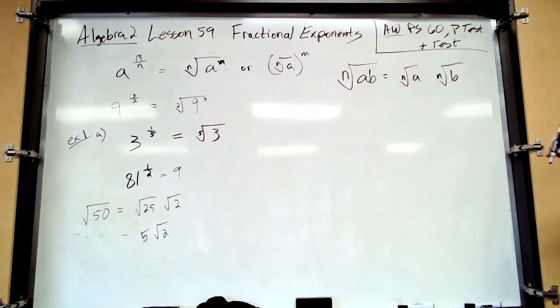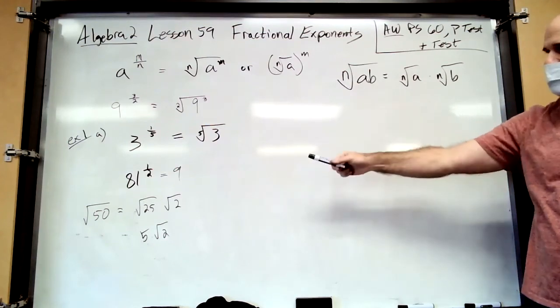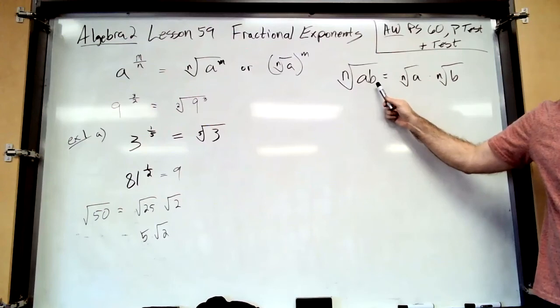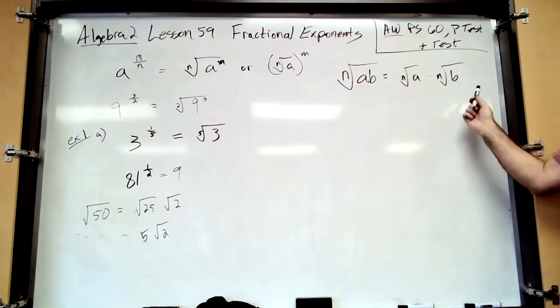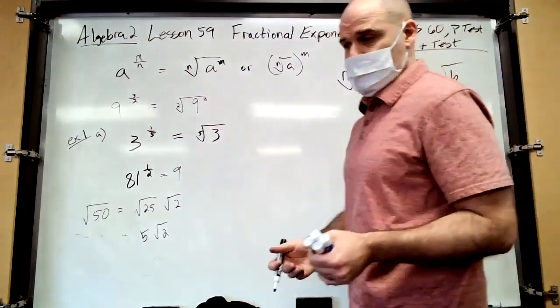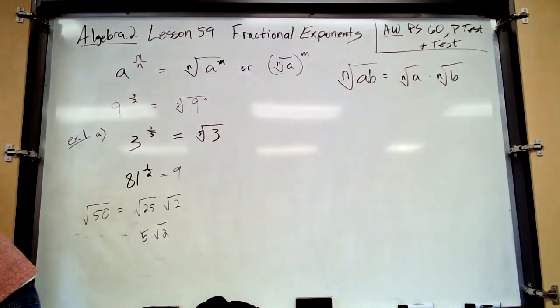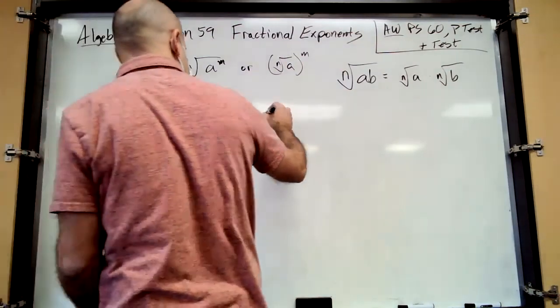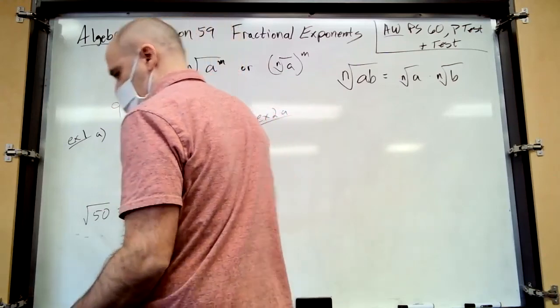Just substitute 2 for N and 25 and 2 for A and B. It's the same thing. So if it works with square roots, it's going to work with any root. Okay, so you can technically simplify a cubed root radical, a fourth root radical, and so on. Okay? So here's what I want to do. I want to simplify, here's example 2a, simplify these radicals.